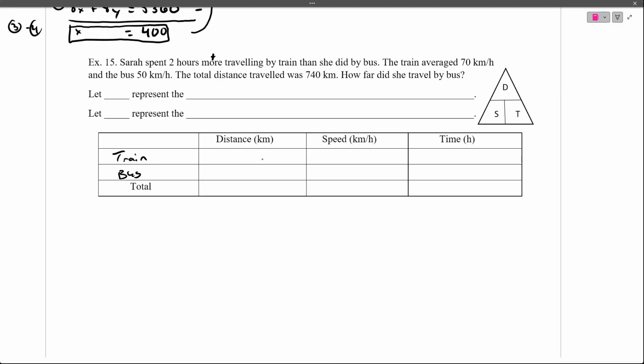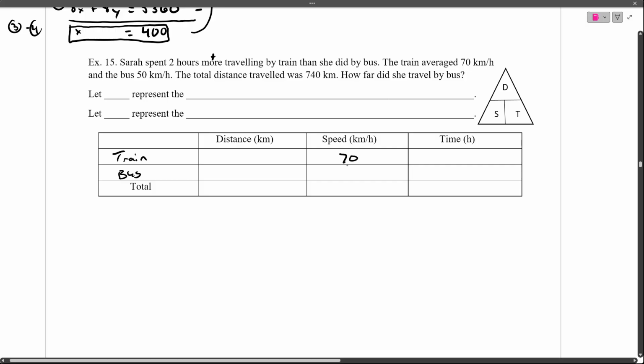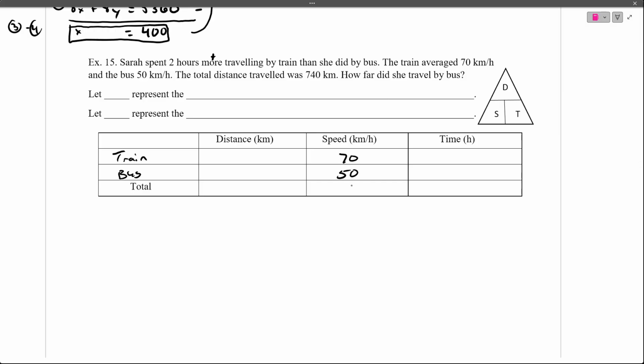In this case, I'm going to fill out what I can of this before we start doing anything else. We know that by train, Sarah traveled 70 kilometers per hour, and by bus she traveled 50 kilometers per hour. There's no combined speed again because it doesn't make any sense. We also know that she traveled a total of 740 kilometers.